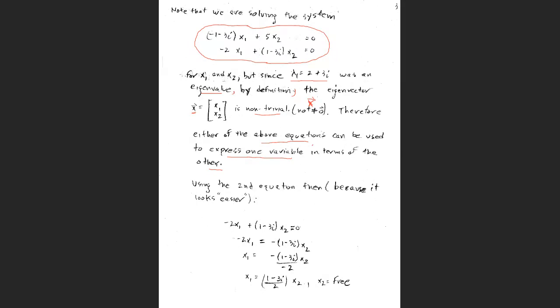So I'll show you something on the whiteboard. This whole argument here is a nice argument, but it might be a little abstract. I want to make it concrete for you.